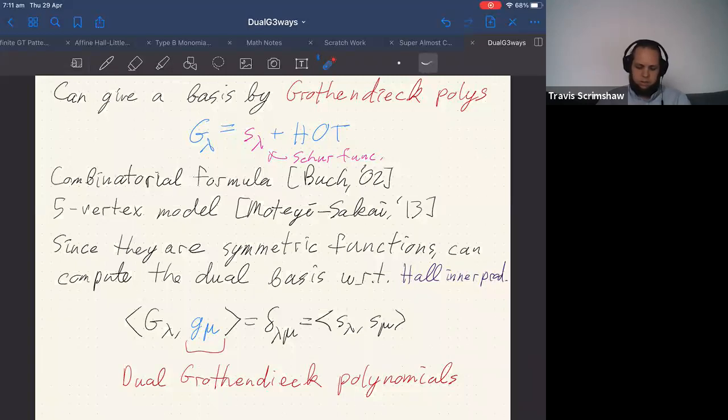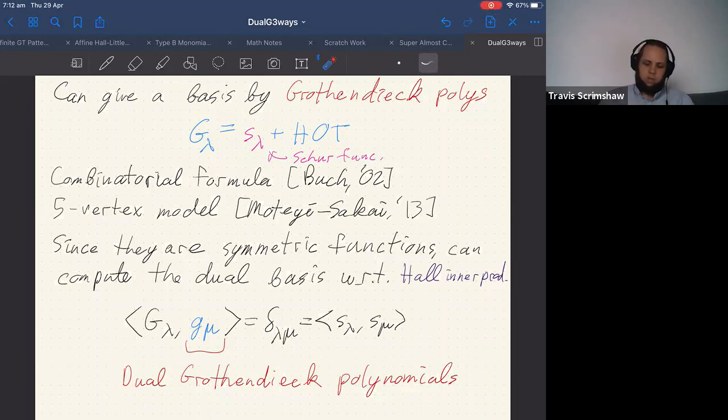And just as a minor point that won't be on the slides, I'm not actually in the ring of symmetric functions. I'm in a completion, because these higher order terms give an infinite sum for infinitely many variables.